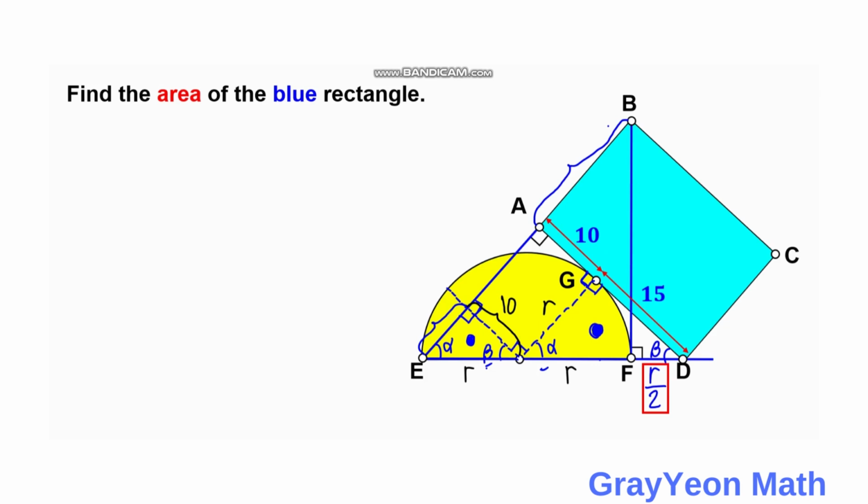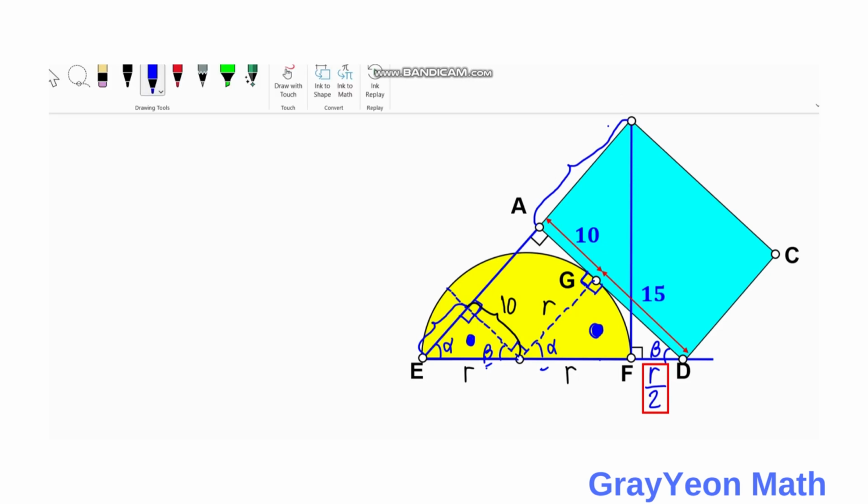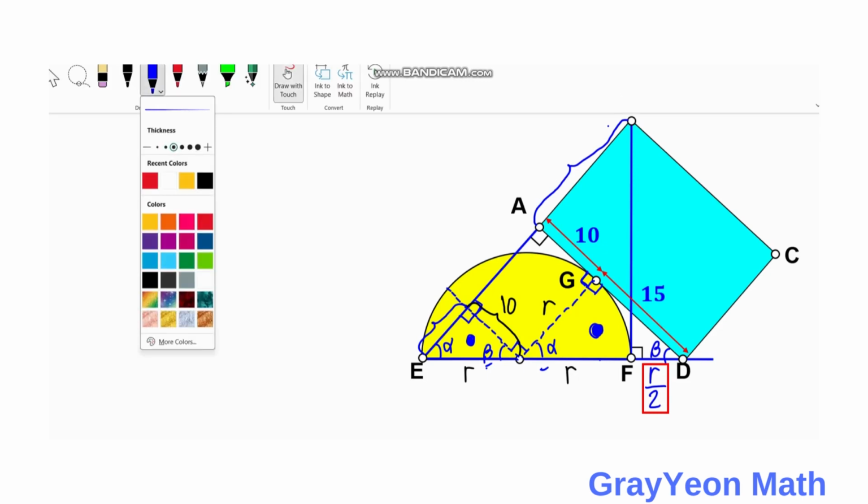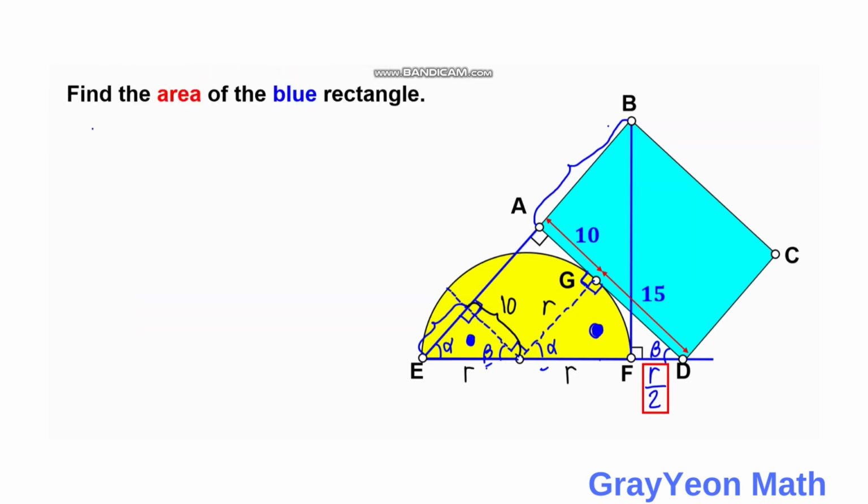So if you try to focus on angle alpha, for the small triangle, focusing on adjacent over the hypotenuse. For this smaller one, let's call this y.